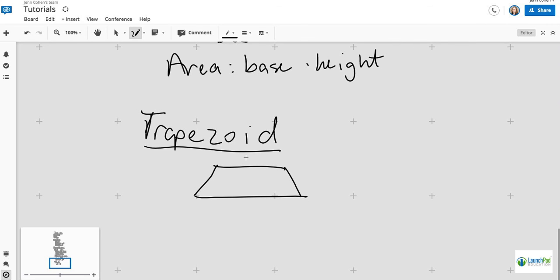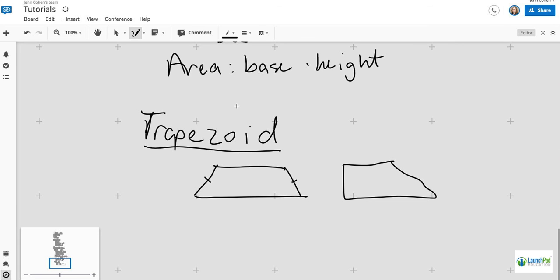So you can have essentially a regular trapezoid that kind of looks like that one, where this side and this side appear to be equal. But you can also have a trapezoid that looks something like this, where clearly those two sides are not at all equal.